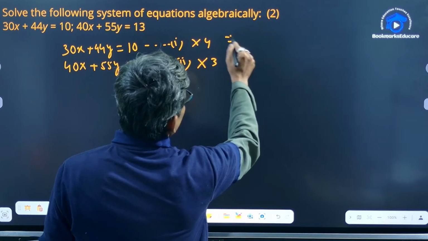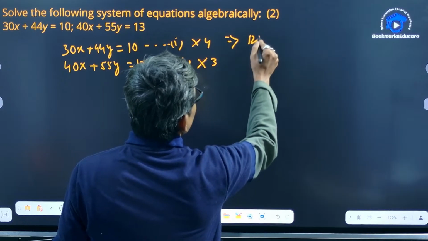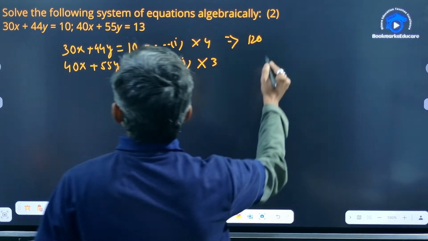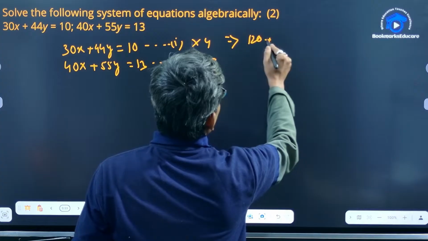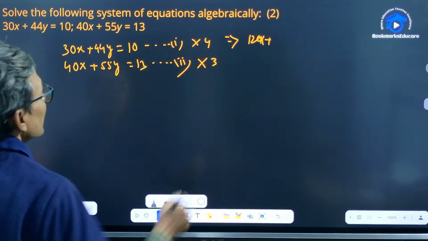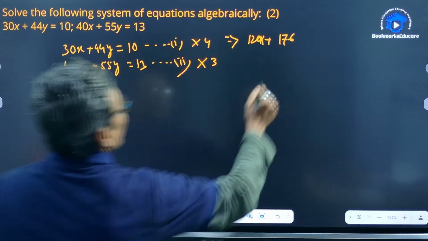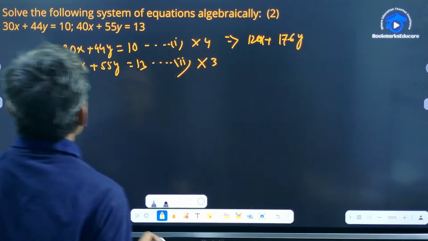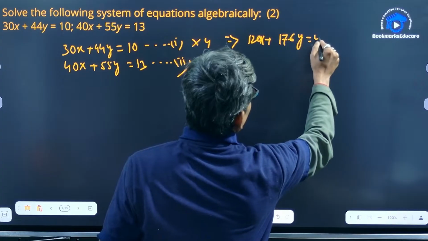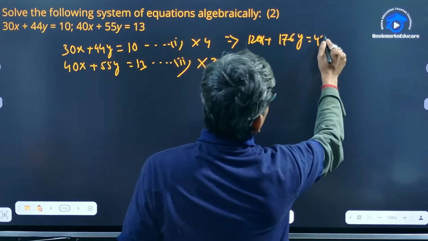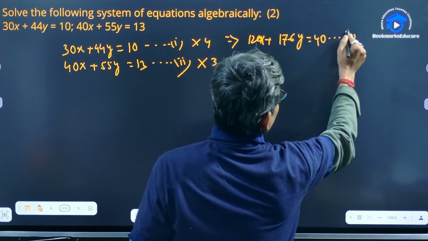So 120x plus 176y is equal to 40, equation number 3.